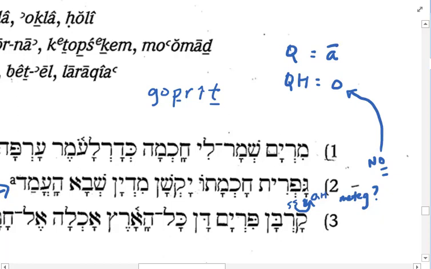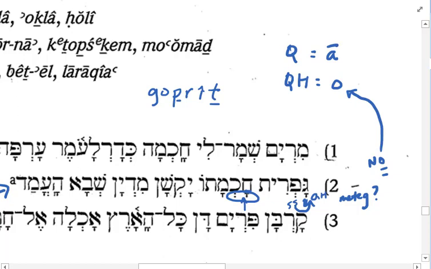All right, let's take a look at the second word, okay? Here I have another situation where I've got the ambiguous sequence: a kametz symbol followed by a shva symbol. That's the only time when this is really ambiguous. And so, again, what I have to look for is right after the kametz.